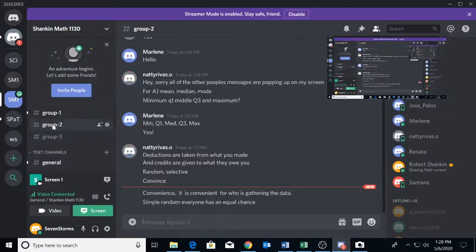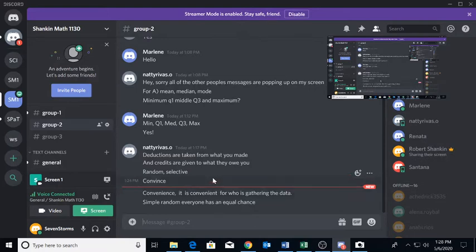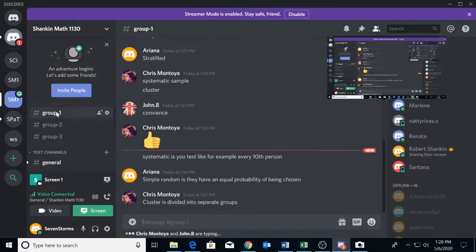Let's look at some others for stratified. I like this simple one. Everybody's got an equal chance. And stratified. All right. Let's get a better definition of stratified.